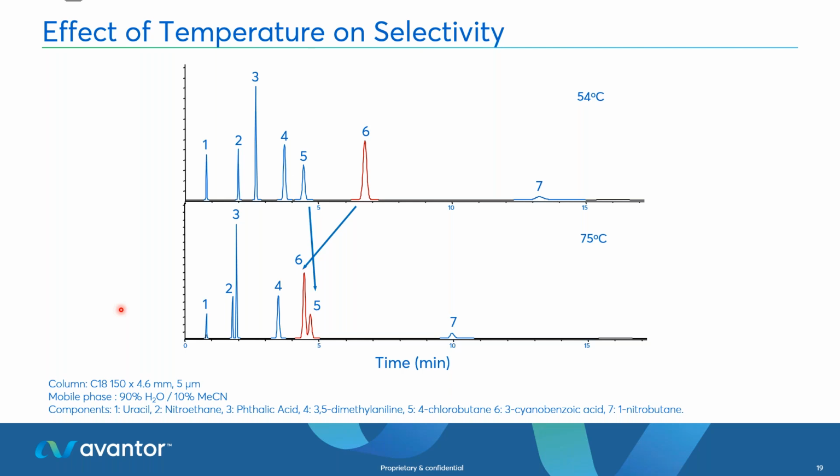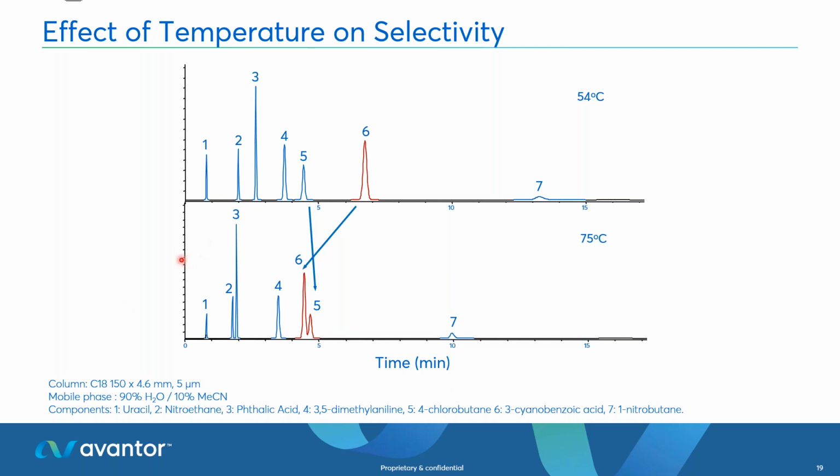If you optimize the temperature, that can have beneficial effects on your selectivity. It can be detrimental as well. I've seen some examples in the past where people weren't controlling the temperature and then peaks were moving around and you're getting inconsistent chromatography. So make sure that the temperature is preset and it is working properly.